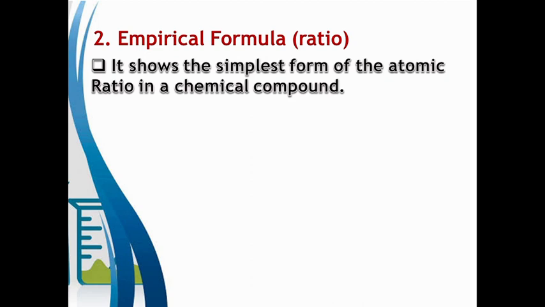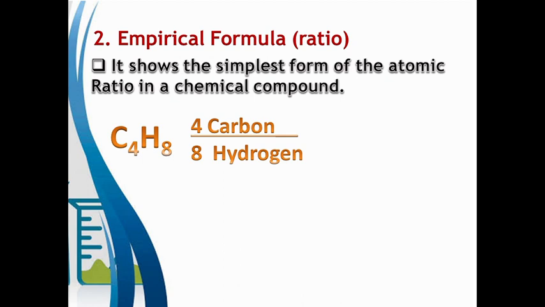For the empirical formula, I will give you some examples. For example, we have C4H8, which is cyclobutane. To get the simplest form of this compound, let's first write a fraction: 4 carbons over 8 hydrogen. The most special thing in the empirical formula is to find the simplest or most reduced ratio of the atoms in a compound.